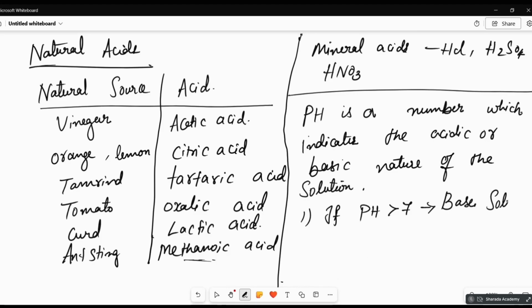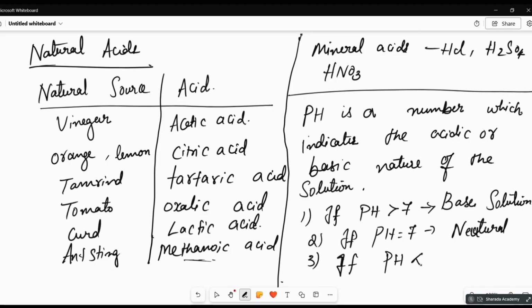It's a base solution. pH equal to 7, what is that? It is neutral. Okay, if pH is less than 7, the solution is acidic.